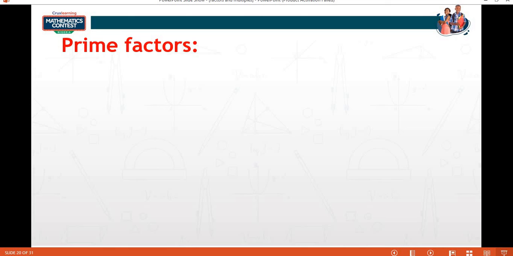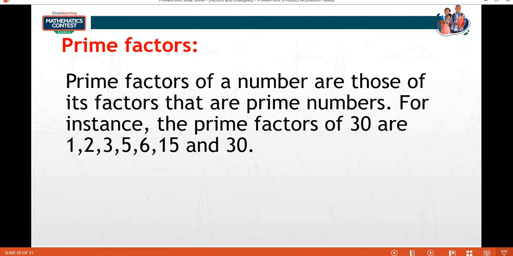Prime factors. Prime factors of a number are those of its factors that are prime numbers. For instance, the prime factors of 30. The factors of 30 are 1, 2, 3, 5, 6, 10, 15, and 30.